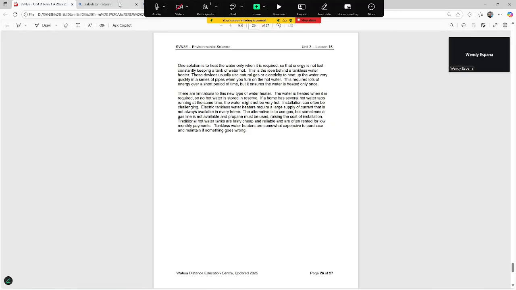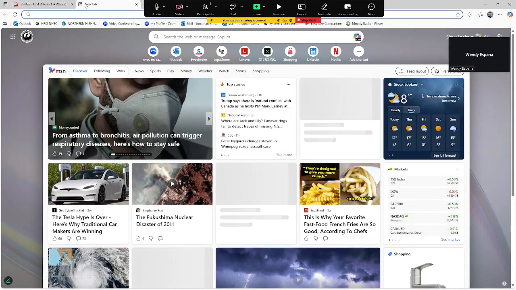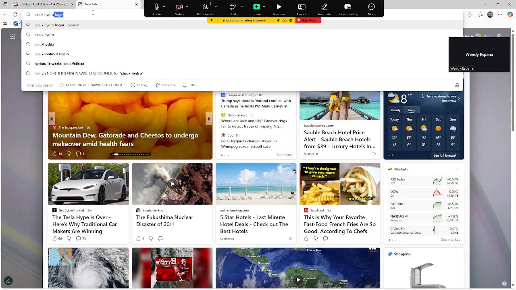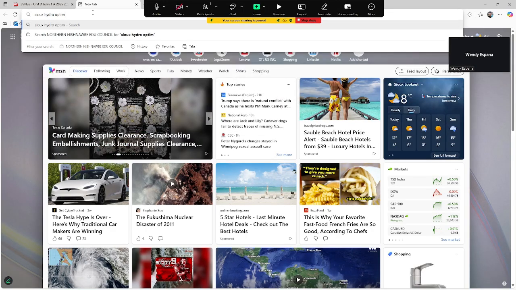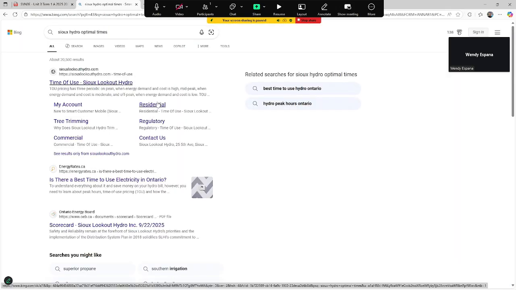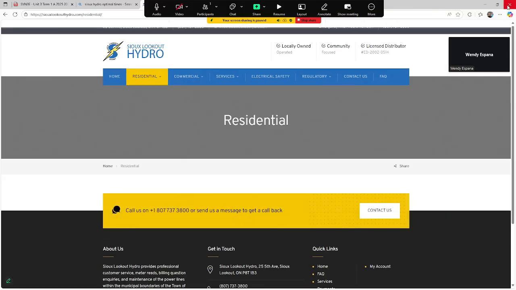So these are produced by hydro. In our area, we use Hydro One. And so let's see if we can get hydro optimal times, and we'll see if we can get some statistics on that.